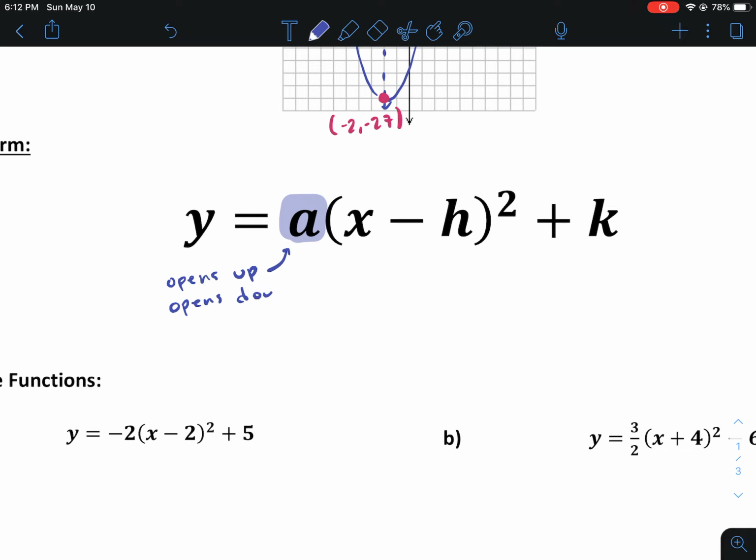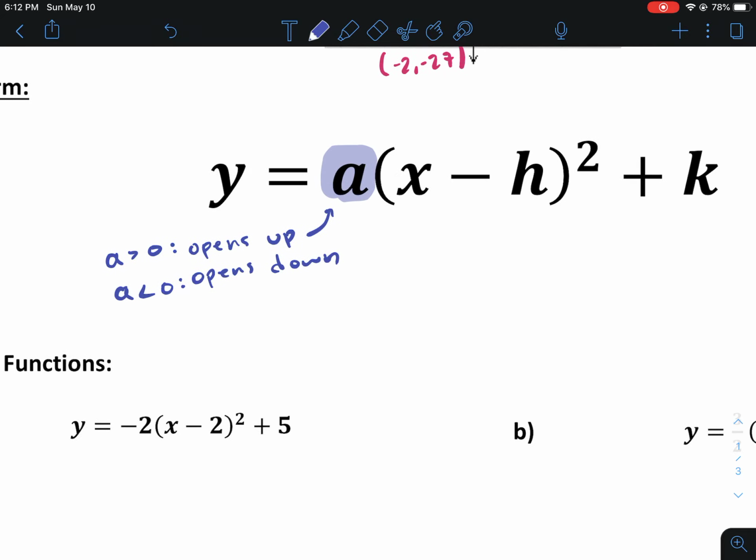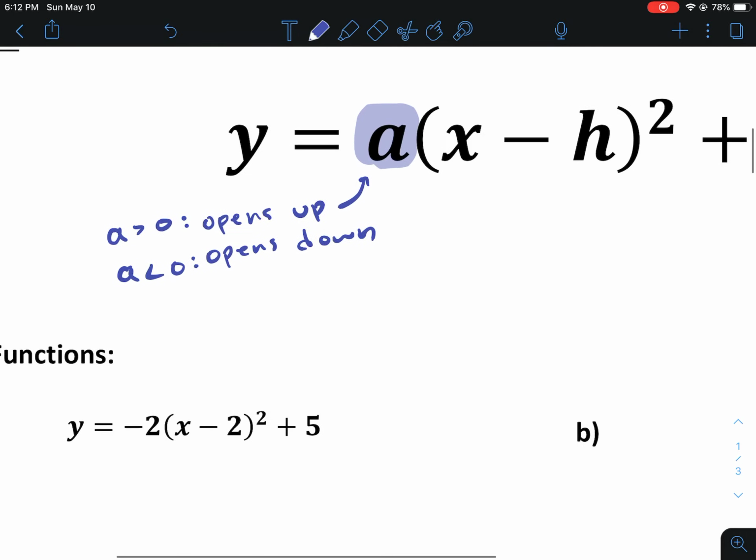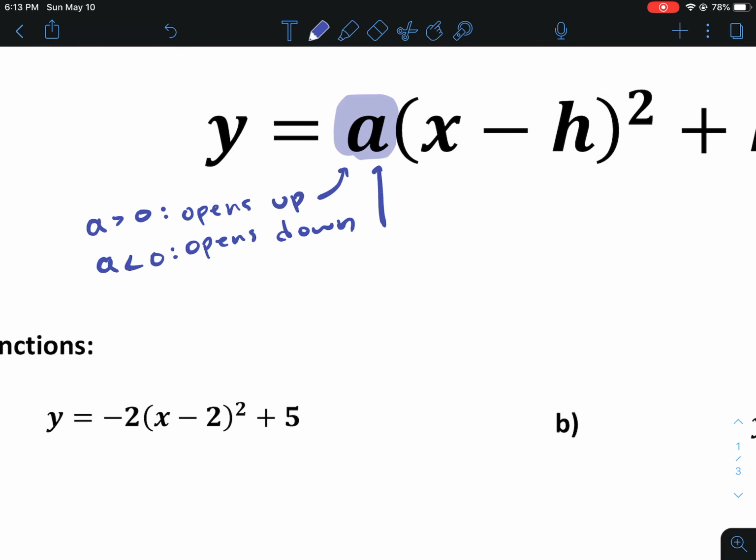If a is greater than 0, it's going to open up, and if a is less than 0, it's going to open downward. Depending on how big it is, a also determines how wide our parabola is. So if a is greater than 1, we know that it's going to be narrower.